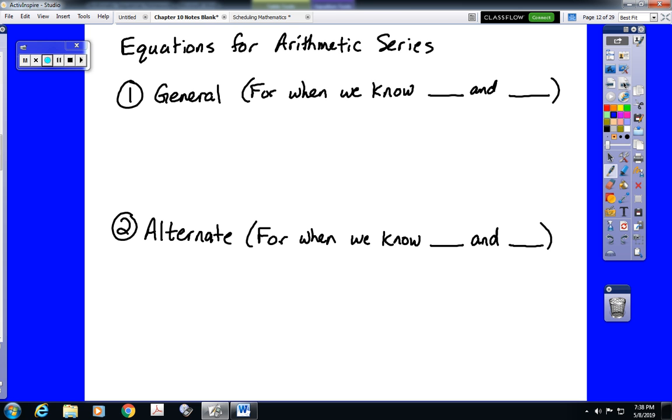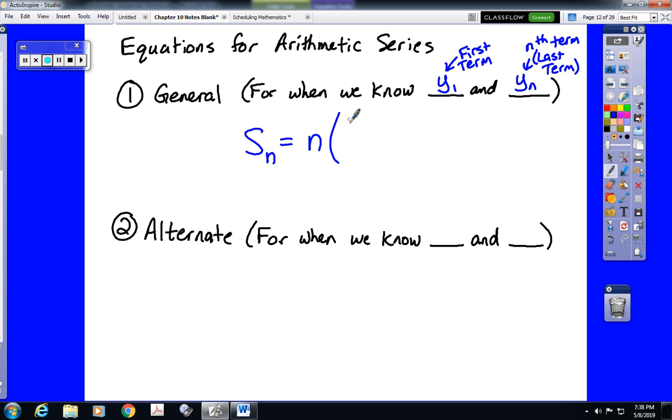When we know the first term and the last term, or nth term, that we are adding, we're going to use what is called the general equation for an arithmetic series, and that would be that S sub n, the partial sum, is equal to n, the number of terms being added, times the average of the first and the last terms.